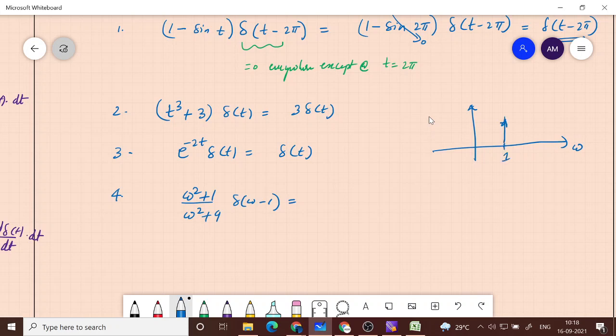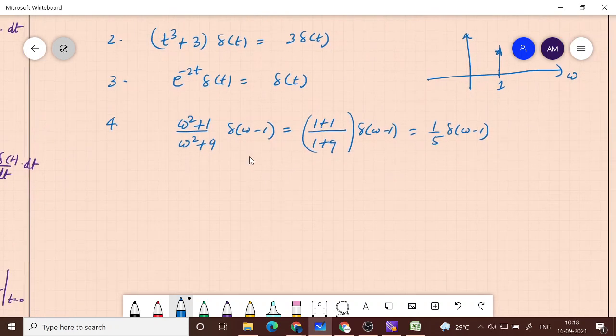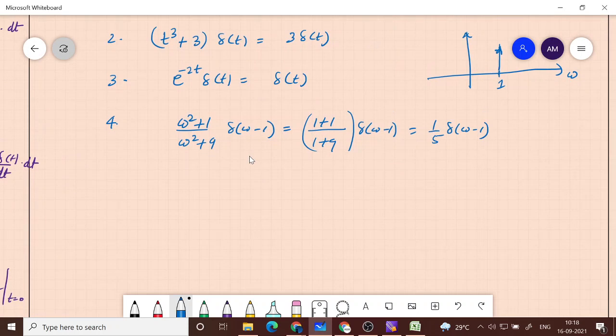Everywhere else it is 0. So you can just replace omega with 1. That gives 1 plus 1 divided by 1 plus 9, multiplying delta of omega minus 1. Now 1 plus 1 is 2, 2 by 10 is 1 by 5, so 1 by 5 delta of omega minus 1. So just by knowing the property of the impulse, you can immediately do these problems.